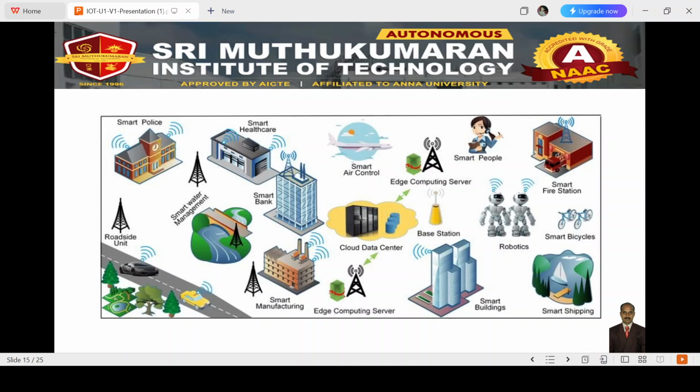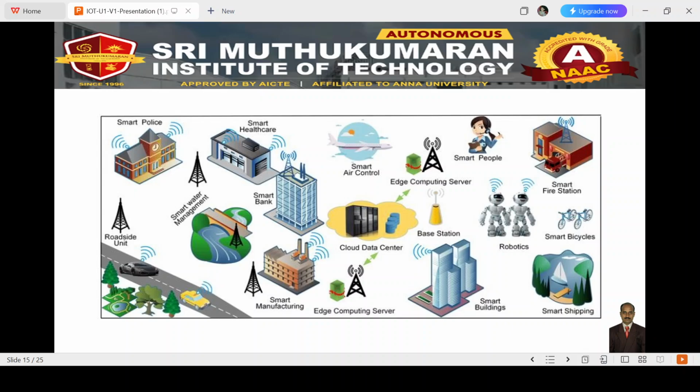And these are some of the pictures that depict the real IoT applications. Again, if you see from the left hand side, smart police stations also need some data to be communicated remotely and controlled remotely. Hospitals also need smart healthcare systems, and the grids also need data to be intelligently exchanged.